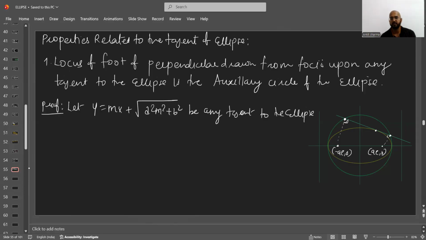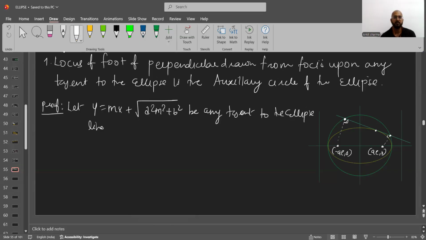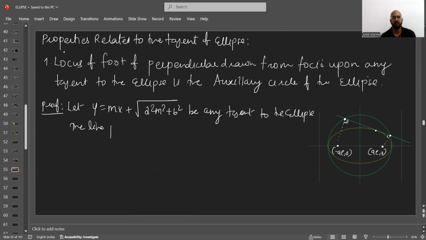So basically I can consider a line which is passing through the focus and perpendicular to the tangent. So the line perpendicular to the tangent and passing through S.